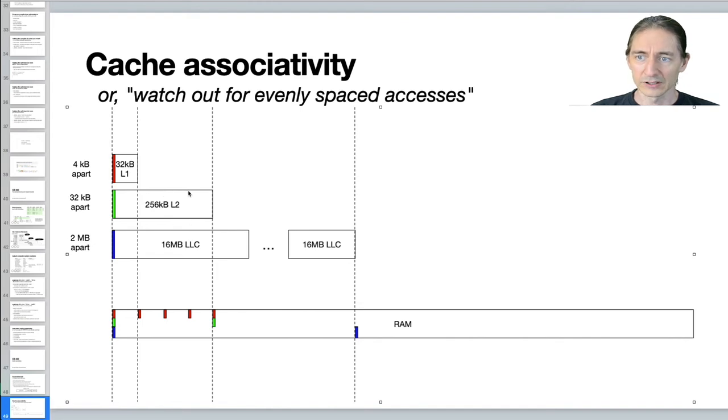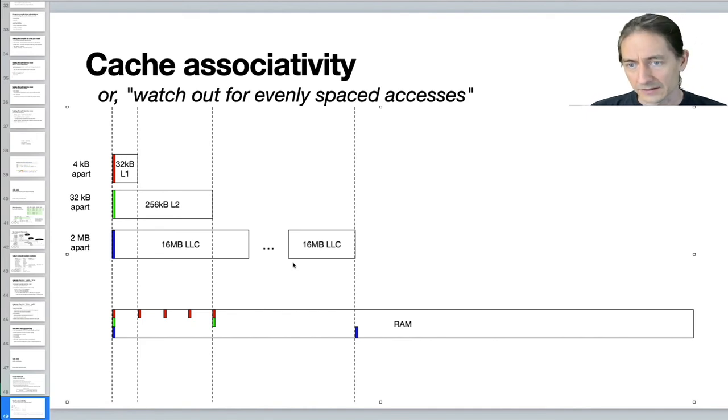So we got 4 lines in the L2 cache times 8, so 32 total that we can fit in the L2 cache. Still a tiny amount compared to the full capacity of the cache.